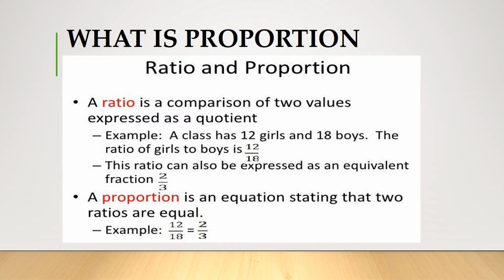So 2 by 3. So 12 by 18 is equal to 2 by 3, an equation stating that the two ratios are equal. So we can say that these four terms are in proportion, and you can also cross multiply and check. 12 threes are 36 and 18 twos are also 36. So these four terms are in proportion.